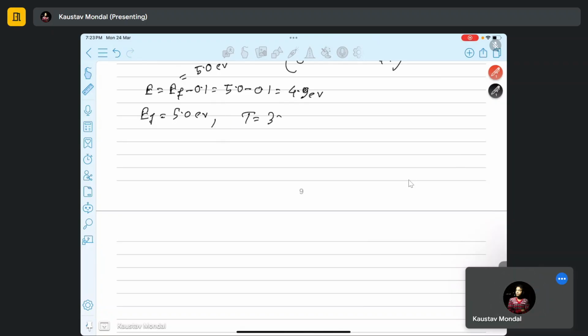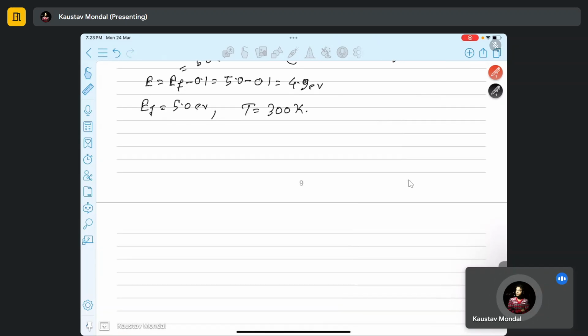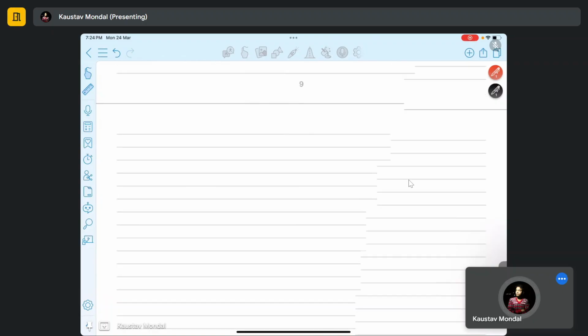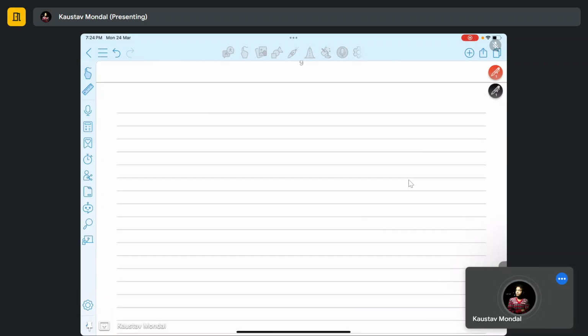T is 300 Kelvin. Now the Boltzmann constant we have already calculated in electron volt before, simply 8.617 times 10 to the power minus 5. Now we just substitute the values. So first let's calculate (E minus EF) by kBT.